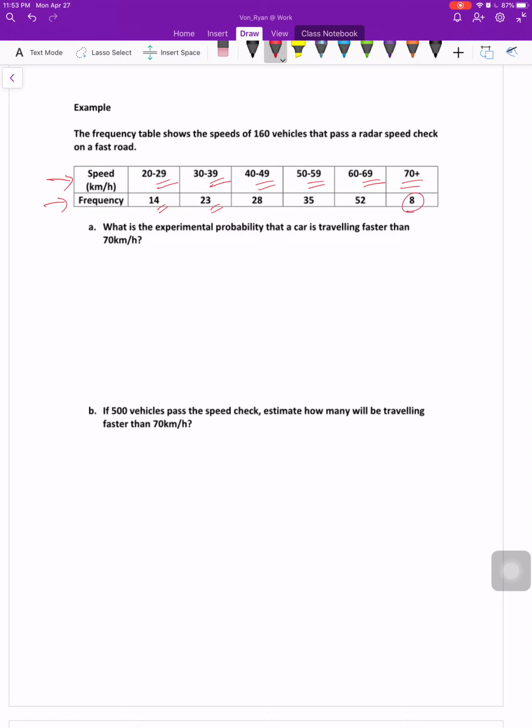Again, relative frequency or experimental probability, remember they're the same, equals the frequency of the outcome that you're looking at, which is 8, out of the total trials that you did, which in this case is 160.